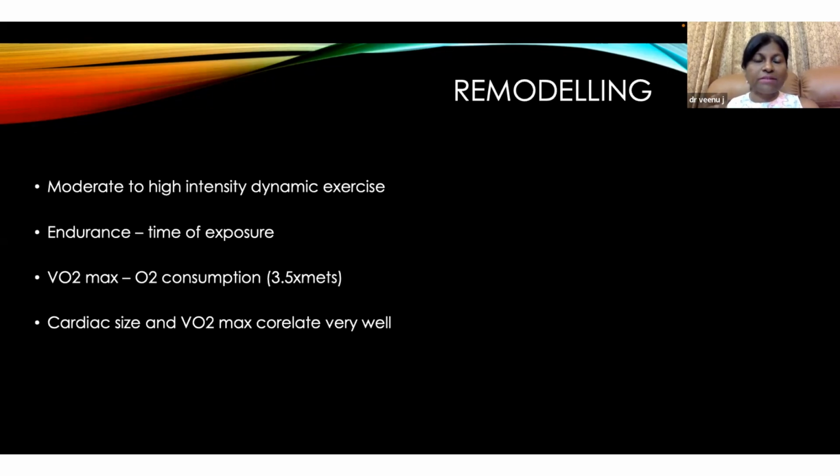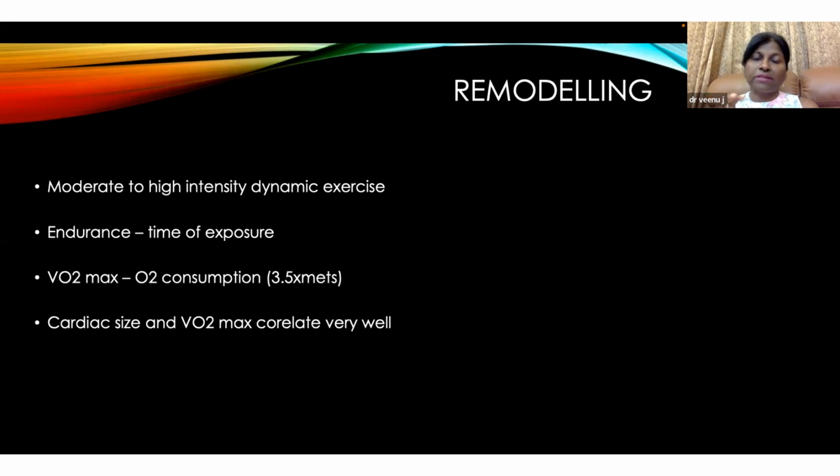When we say VO2 max, it is the maximum oxygen consumption at a high level of activity. It gives us an idea about the aerobic threshold, or the aerobic metabolism, in a person.